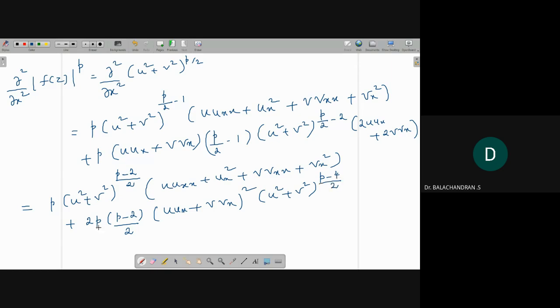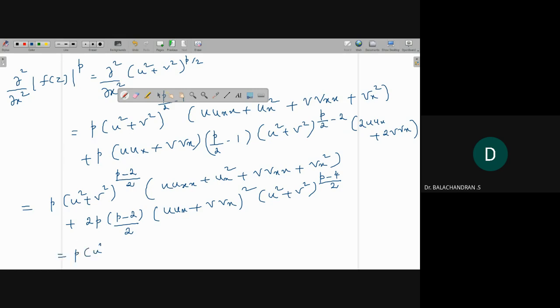Okay, now right here. So p into u square plus v square whole power p minus 2 divided by 2 into uxx plus v into vxx plus ux square plus vx square. 2 gets cancelled, plus p into p minus 2.